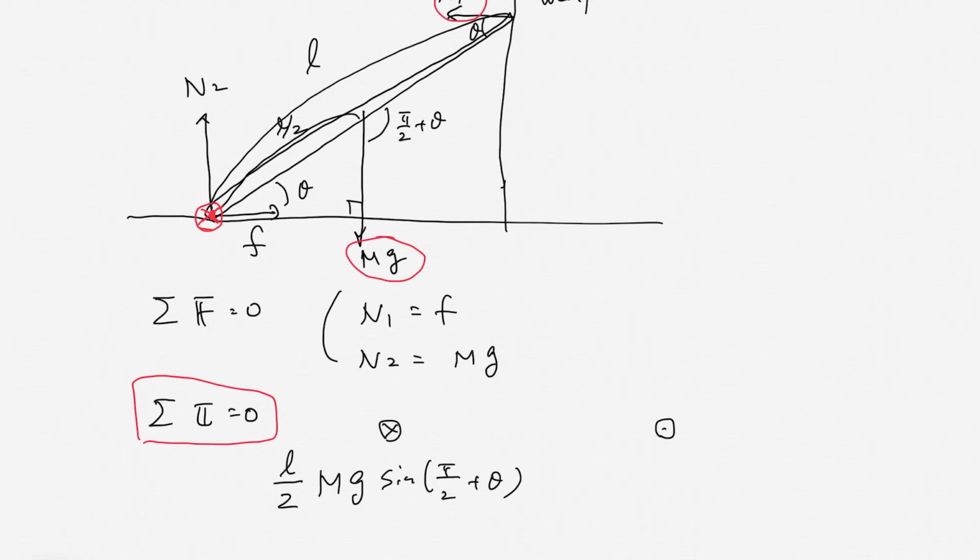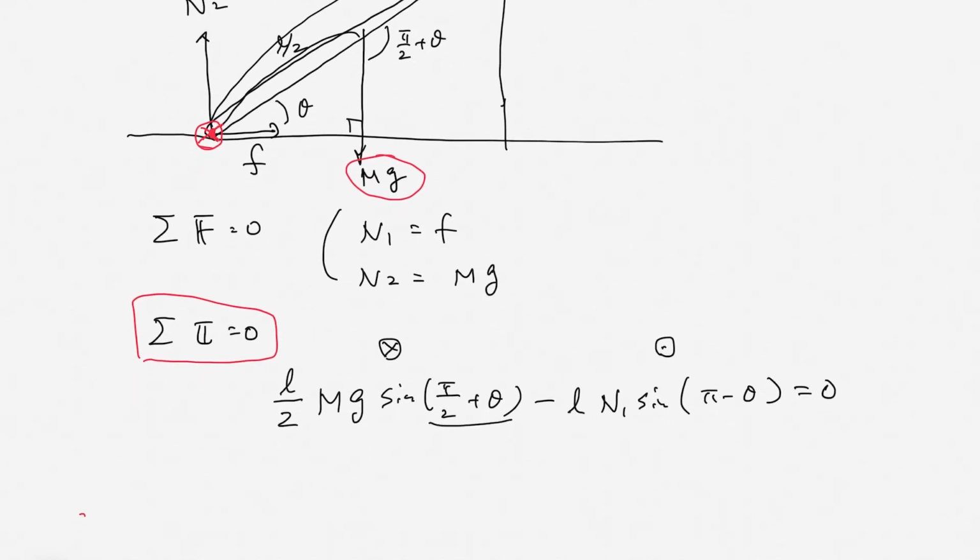The direction of the other torque is toward us, so we should put a negative sign. Negative L, the length, times N sub 1 times sine, in this case of the angle pi minus theta, equals 0.